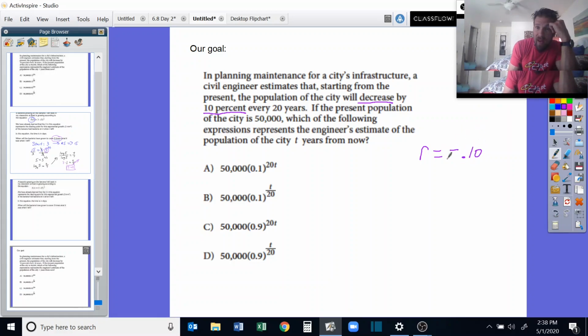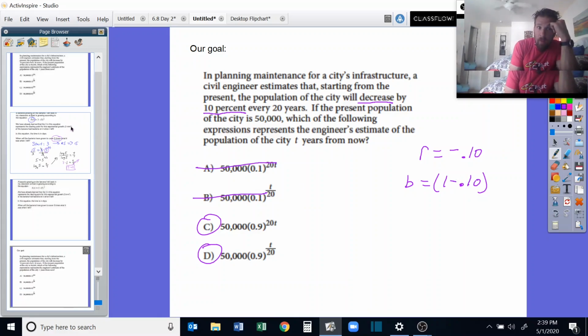And I'm going to write that as a decimal. So my scale factor is going to be 1 minus 0.10. And so now automatically I'm going to start looking at my multiple choice, and I know, oh, it's got to be either C or D. It's not going to be A or B because this is going to be 0.9.